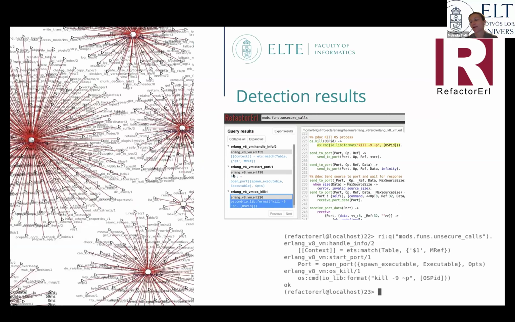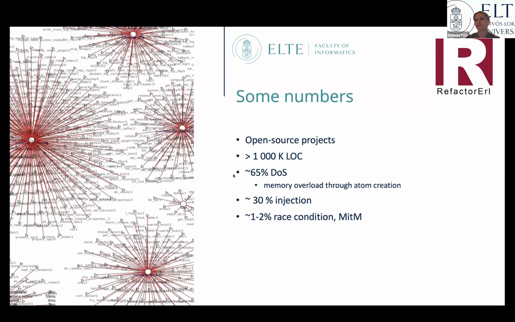You can use the web interface of RefactorErl and click on the vulnerability, and then it will be highlighted in the source code, or you can use simple command line interfaces and then just have the context and the expression that's potentially vulnerable. We applied our tool on several open source projects and found lots of potential vulnerabilities.